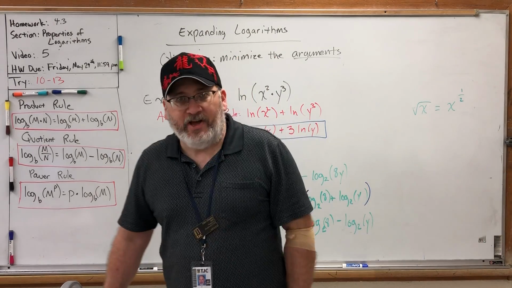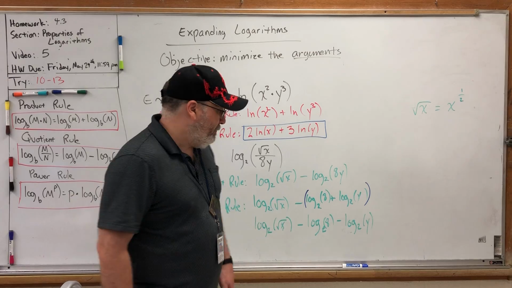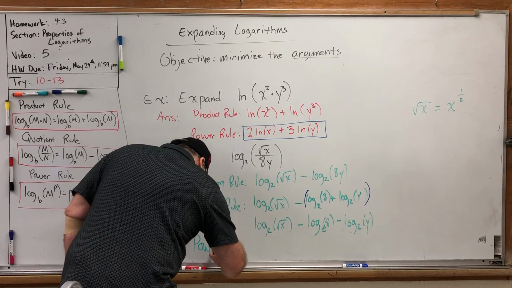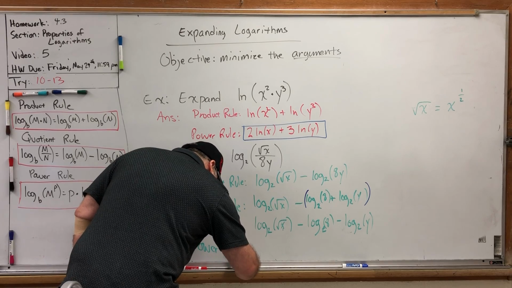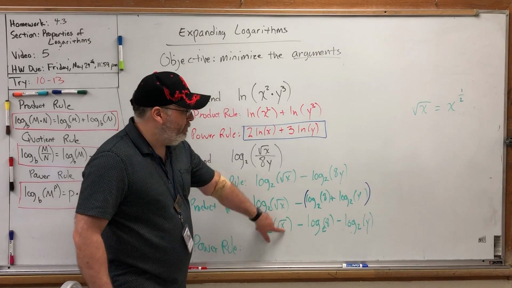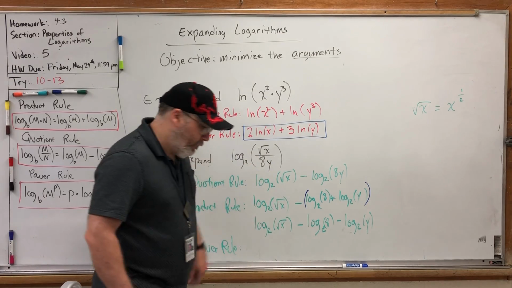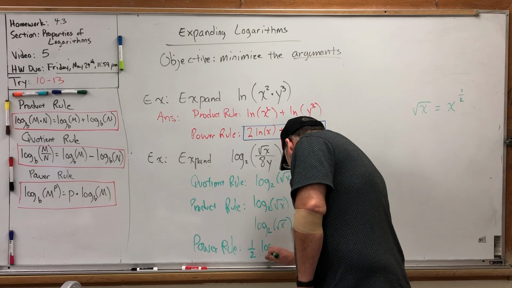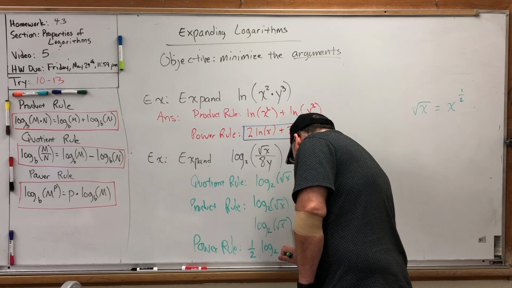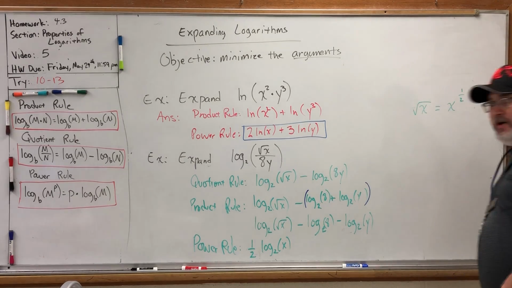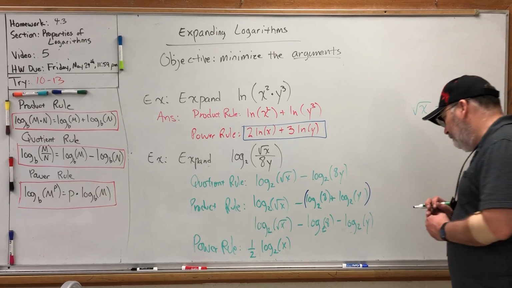Oh, you mean x to the 1/2 power, because it's that common. So if we use the power rule, without me manually rewriting the square root of x as x to the 1/2 inside the logarithm, because I could, that 1/2 would come down in front, and the first log would become 1/2 log base 2 of just x. That argument has been completely minimized. There's nothing else I can remove from it.